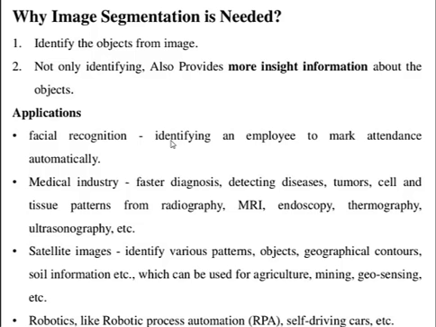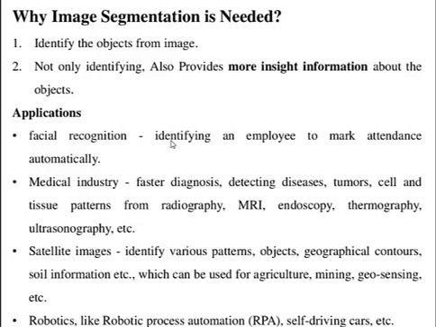Then for satellite imagery and robotics. For satellite images we have high-end telescopes for getting images related to agriculture, mining, geosensing, and all.